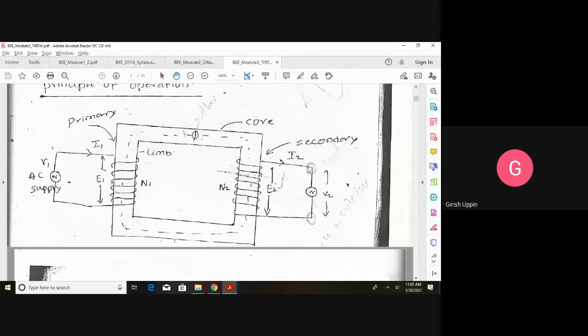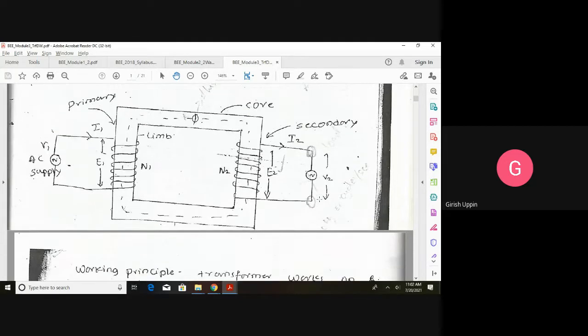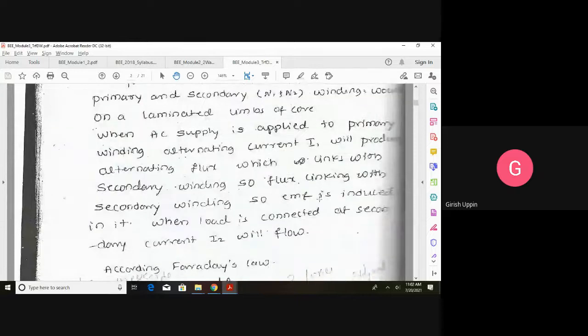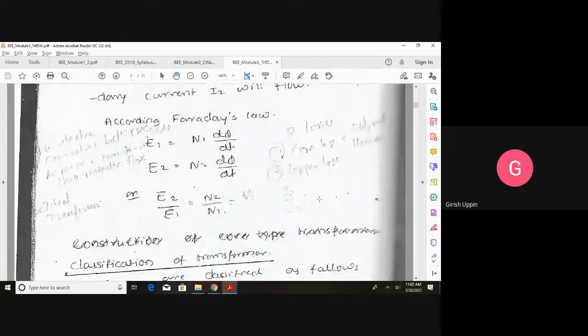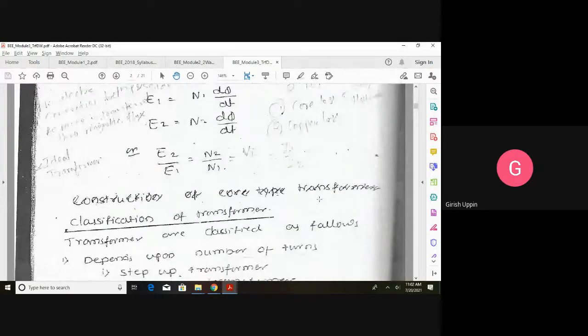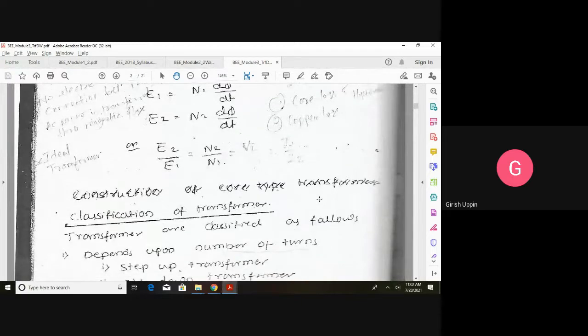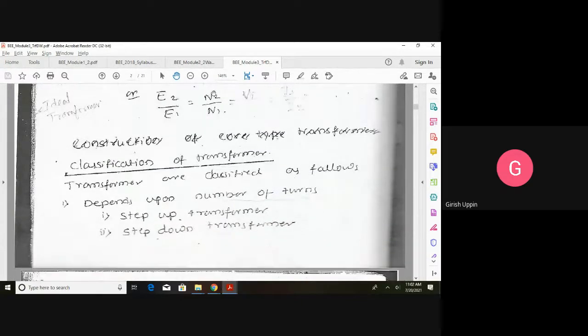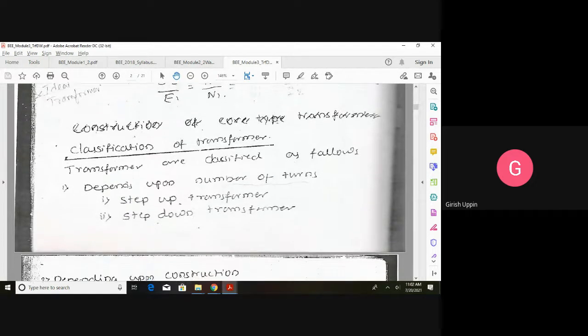So in an ideal transformer there are no losses, and that's why we say E1 is equal to V1 and E2 is equal to V2. That is how we can write E2 by E1 is equal to N2 by N1 is equal to V2 by V1 is equal to I1 by I2. So you have to remember this relation, which will help in solving problems.